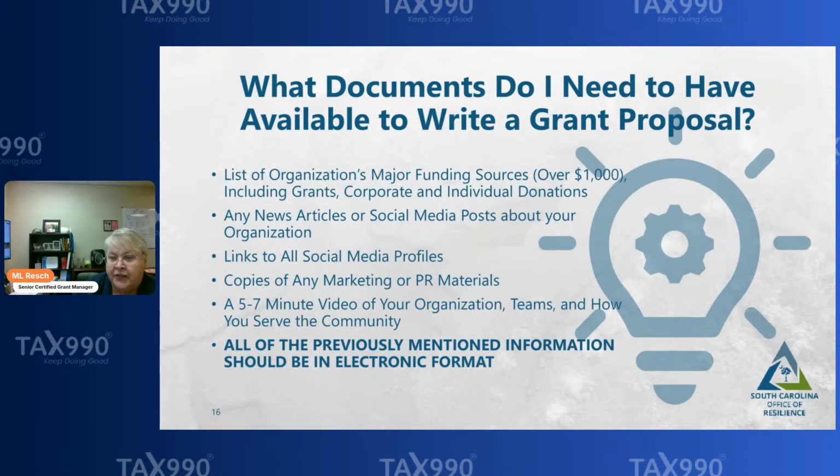Just make sure when you're doing your AI search that you're looking for whatever the type of program or grant you're looking for. You're also going to say what part of the world, because there are international funders that post their information online.